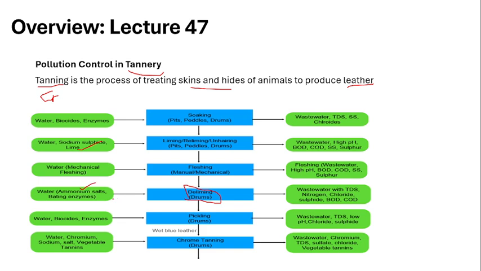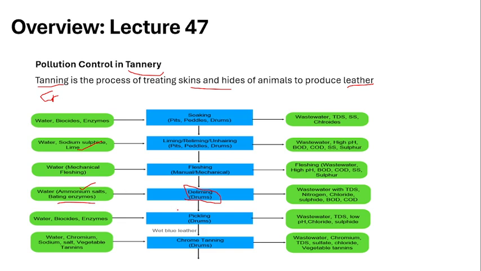Ammonium salts are used to delime, to remove the lime from the skins and hides of animals. And whenever we are using the ammonium salt, we will be having the same in our wastewater stream. Here we also use an enzyme called bating enzyme. This is to soften the material before producing the leather.